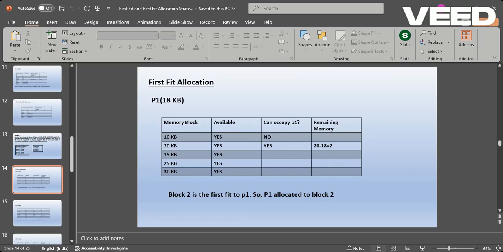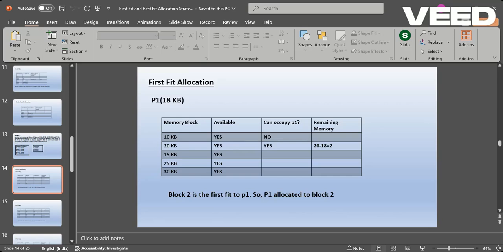So here we need to compare from the starting location onwards with the size of the process. We need to allocate process P1, 18 KB. From the starting 10 KB onwards, we need to search. 10 KB is a free space, an available space, but it cannot hold P1, because the memory block size is less than the process size.